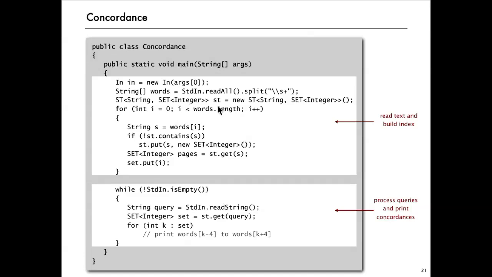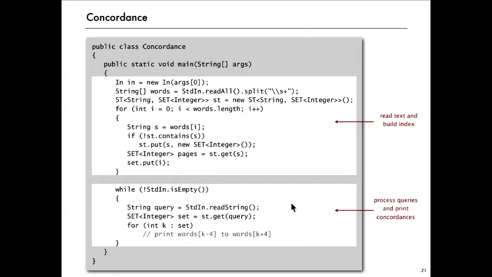So we go through all the words, pick out our key s, and again, if it's not there yet, we create a new set associated with that s, and then afterwards we go ahead and get that set and put the new index on that set.